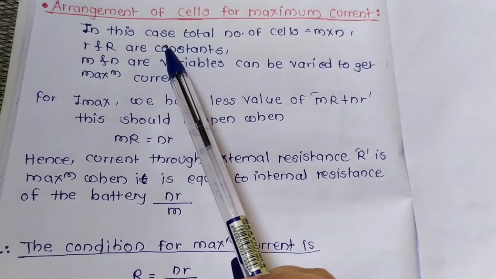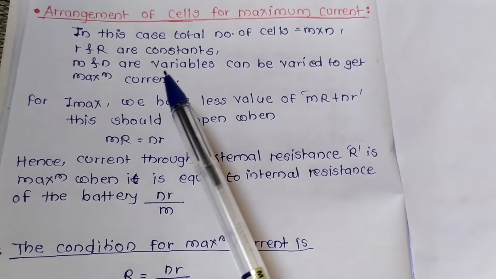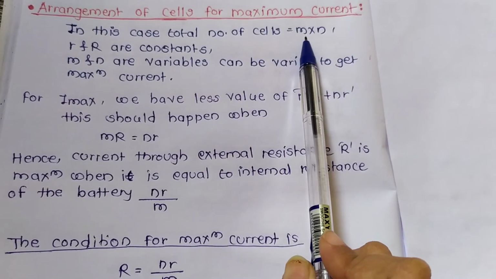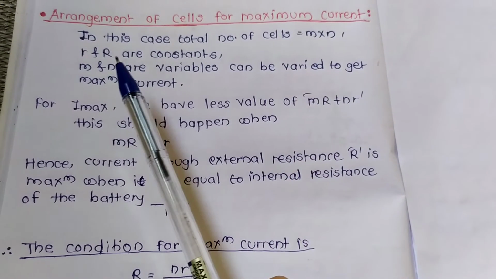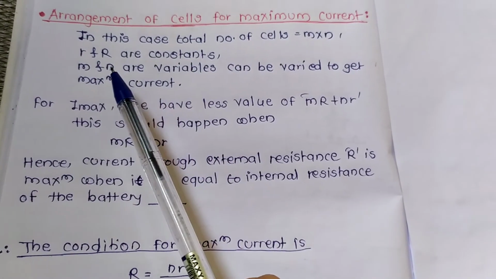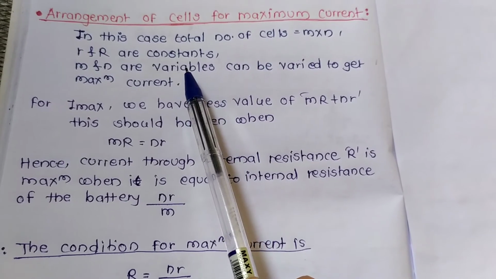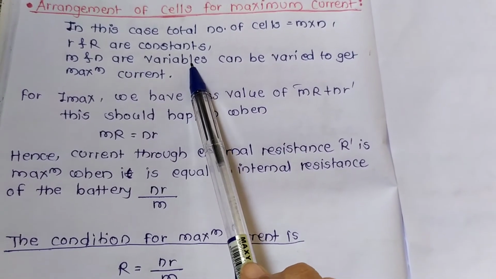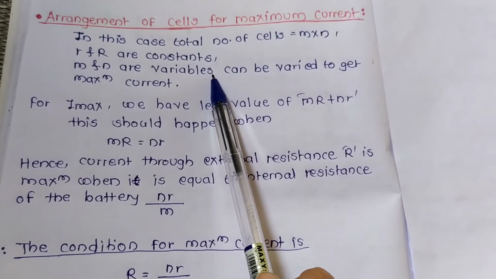Now, the arrangement of cells for maximum current. In this case, the total number of cells is m into n, as we already saw in mixed grouping of cells. Small r and capital R are constants, whereas m and n are variables, because we don't know how many cells are in series and how many cells are in parallel for getting maximum current.